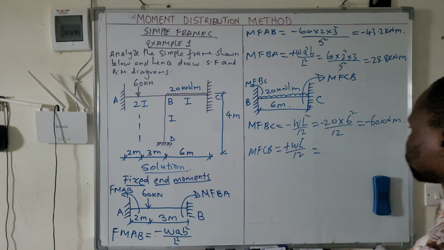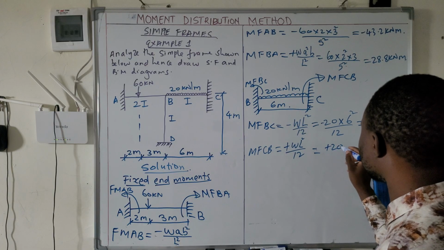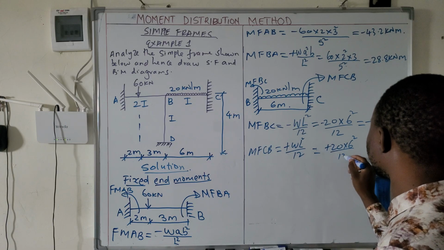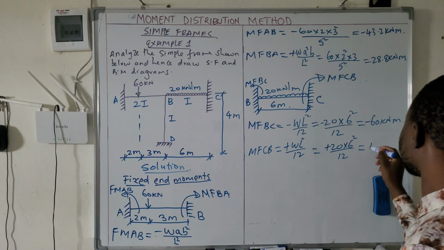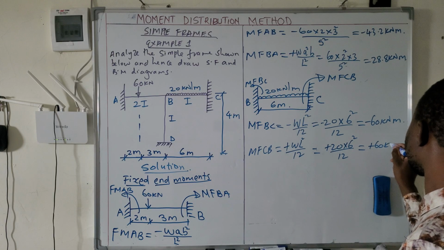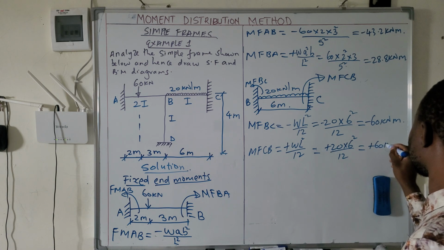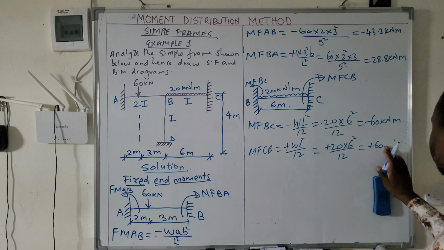So is equal to plus 20 times 6 square over 12. So the answer remain 60 but positive. Positive 60 kilonewton meter. Like that.